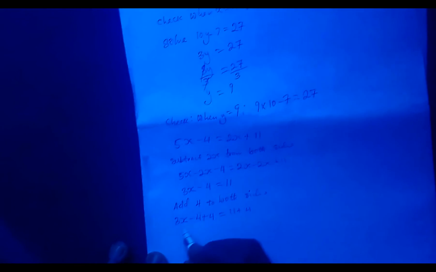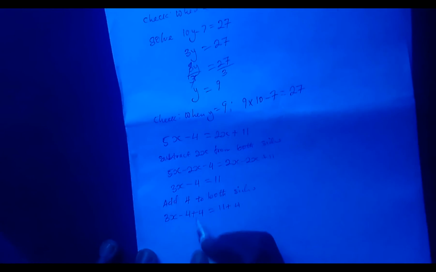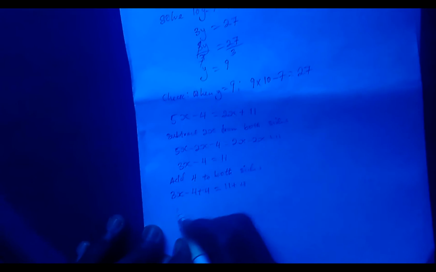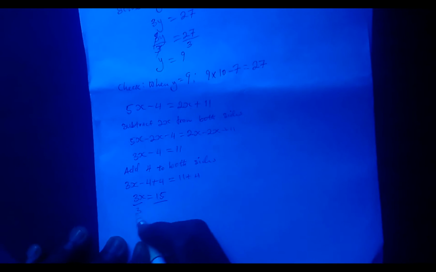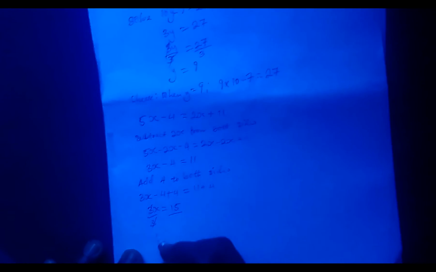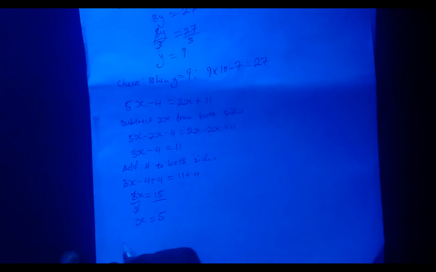So minus 4 plus 4 cancels, leaving 3x, which is equal to 15. Now you have to divide both sides by 3. The 3s cancel each other here, you're left with x, which is equal to 5. So the value for x now is equal to 5.